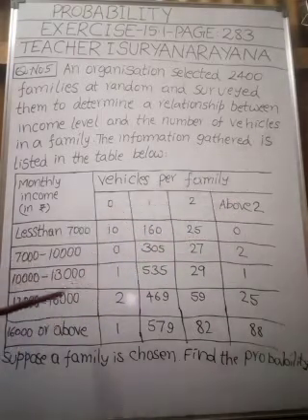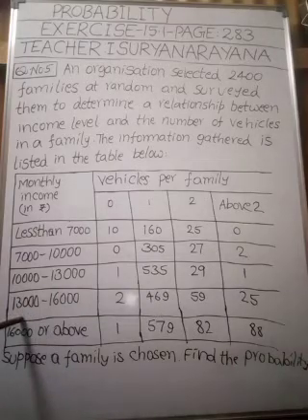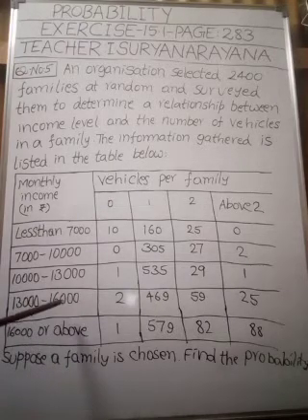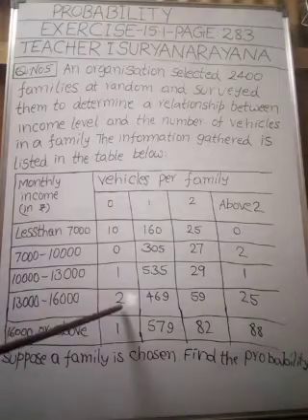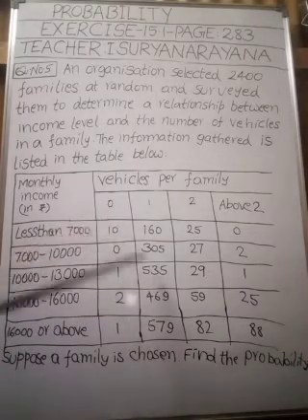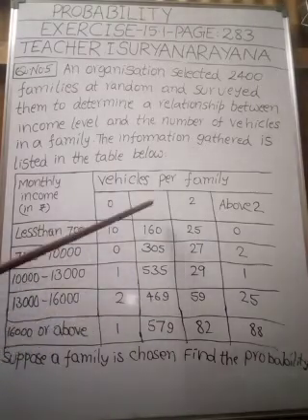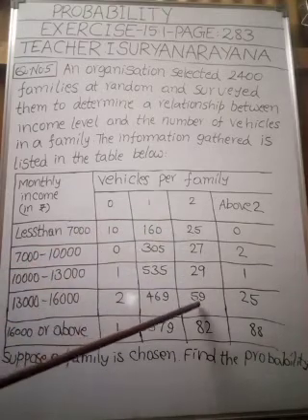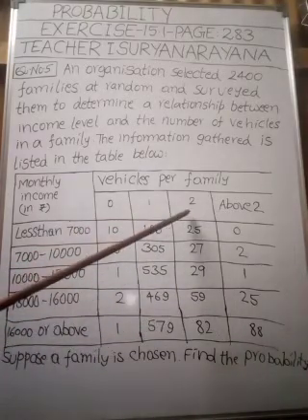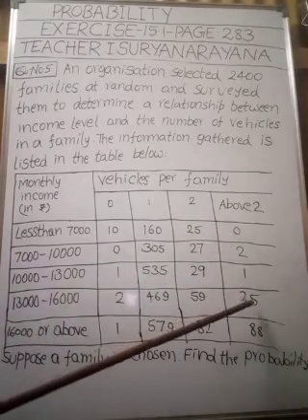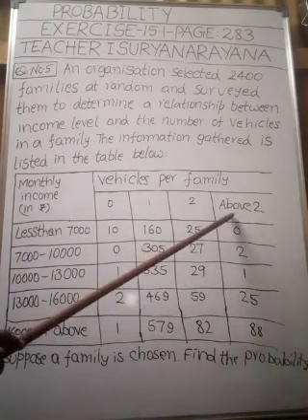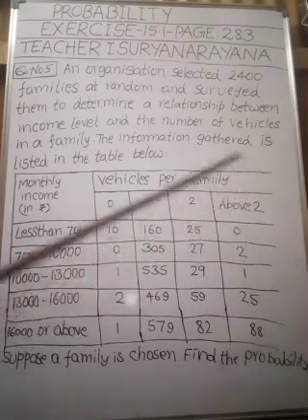Okay, my children. Similarly, the families having income 13,000 to 16,000: two families have no vehicle, 469 families have only one vehicle, 59 families have exactly two vehicles, 25 families have above two vehicles.